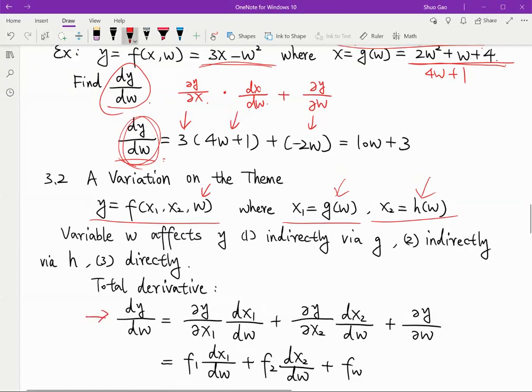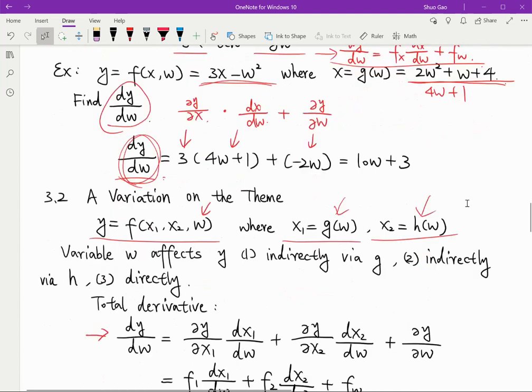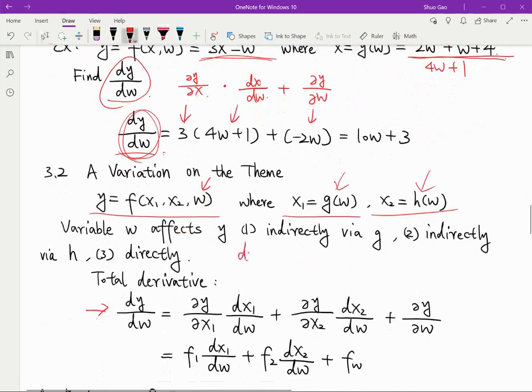The first is to write it down directly, right? The second is to write down the total differentials, dy, and then divide by dw on both sides. But either way, you can find this formula in the end.